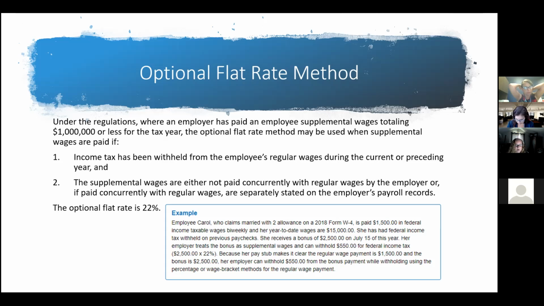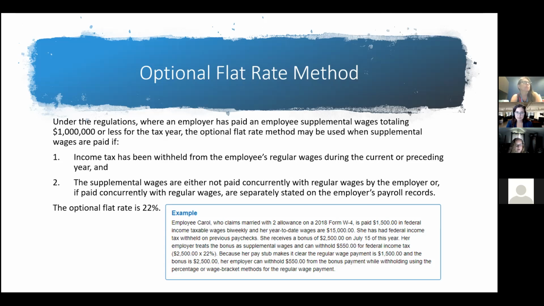Her employer treats the bonus as supplemental wages and can withhold $550 in federal tax because 2,500 times 0.22 or 22% is $550. Questions on that? That one's easy because you don't have to do anything other than the math behind it.